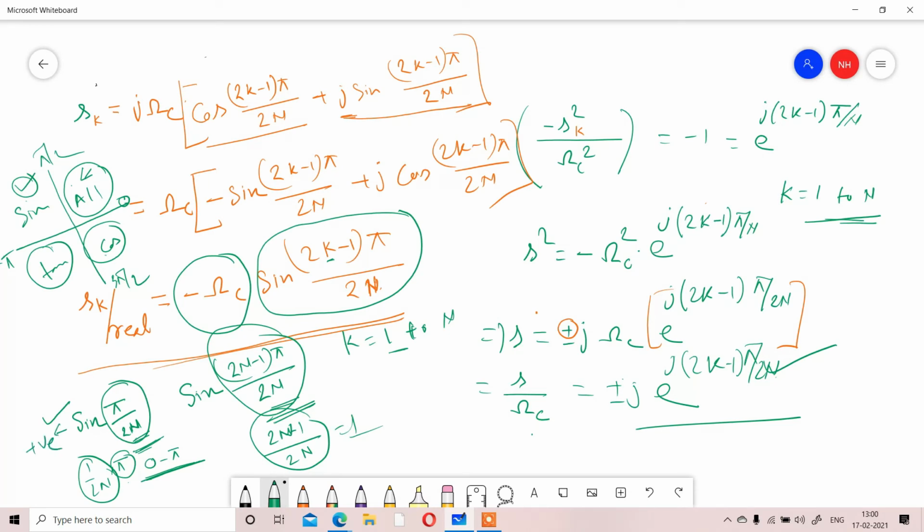Minus omega c is multiplied by a positive value, which means the real part of sk that you are getting is always a negative term.